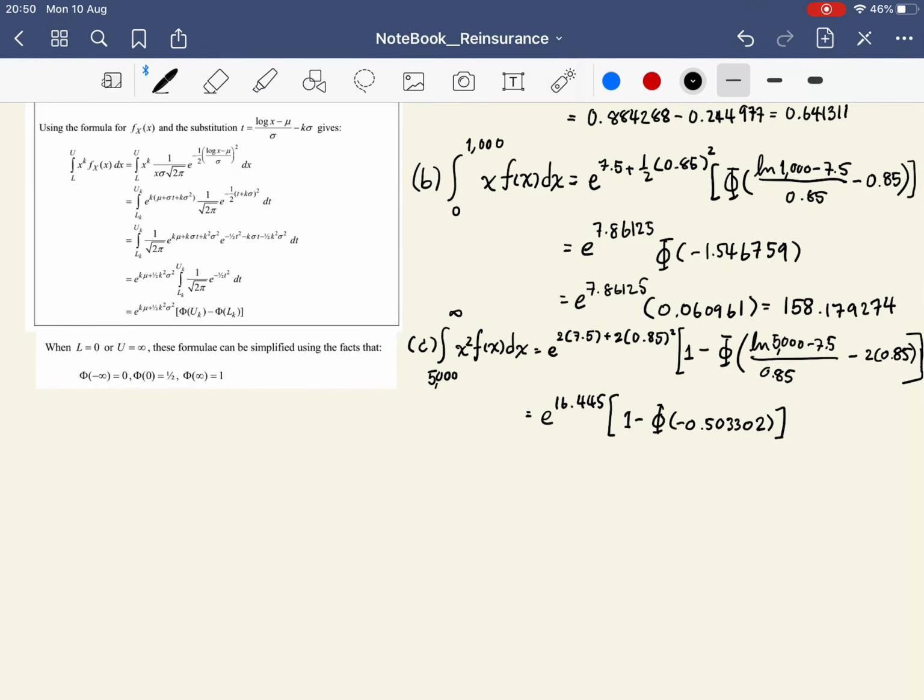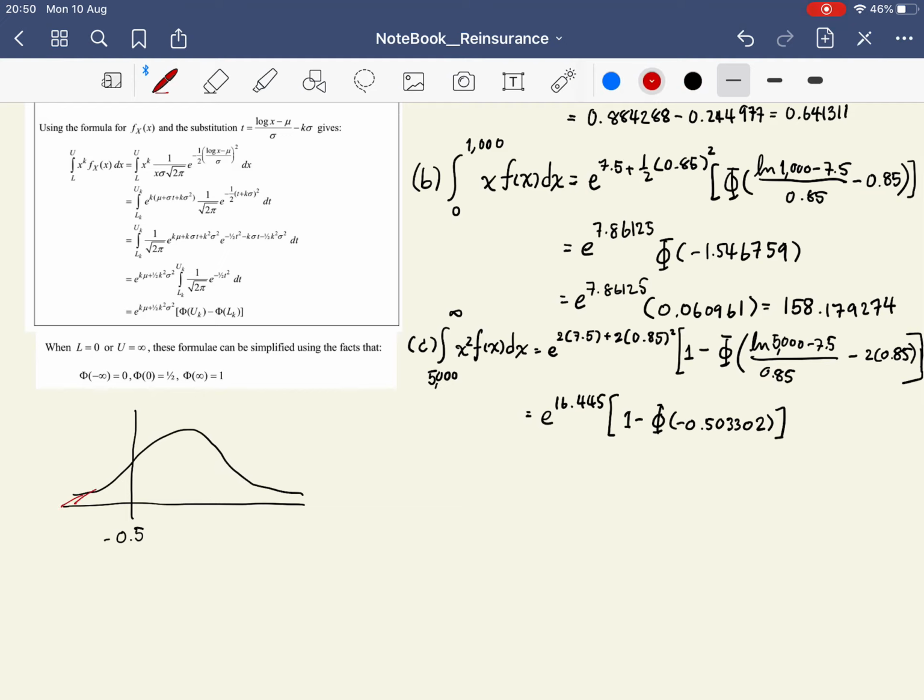Okay, so let's comment on this one a little bit. If you have a table, you can look up this number to find the capital Phi of this number. Or if you have some kind of applet, this is the standard normal curve, right? The number you are looking for is around negative 0.5.